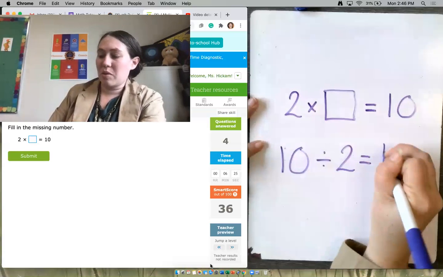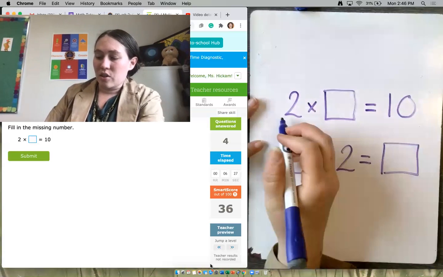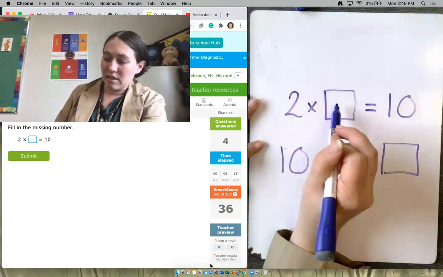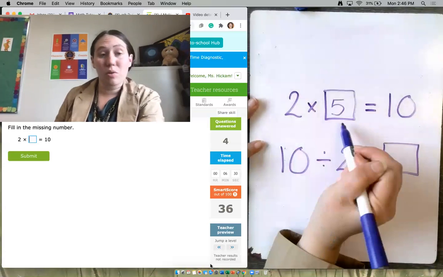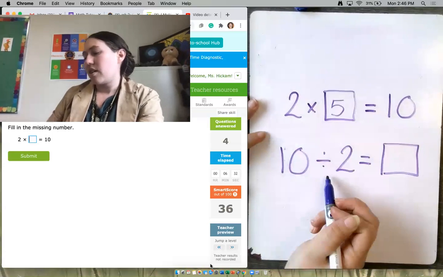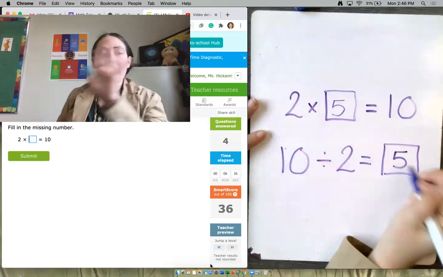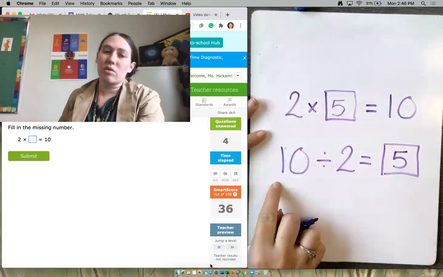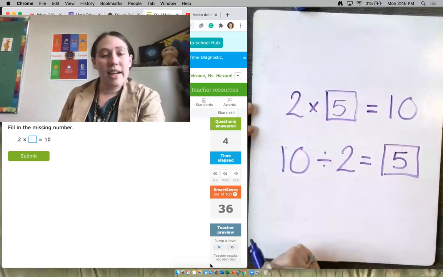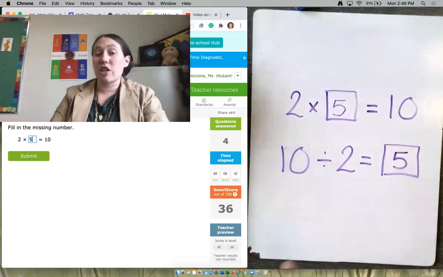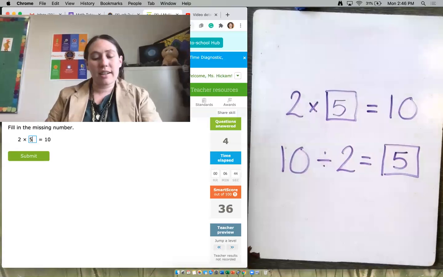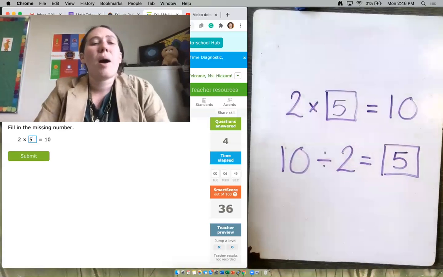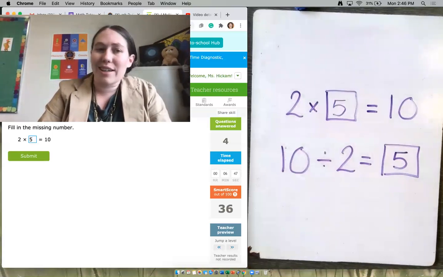So what times 2 equals 10? 2 times 5 equals 10. 10 divided by 2 equals 5. Because 2 goes into 10 5 times. That's the relationship between division and multiplication. Like I said, not saying you didn't know, but I really want to show how important it is.